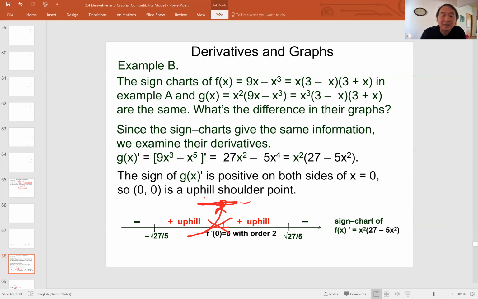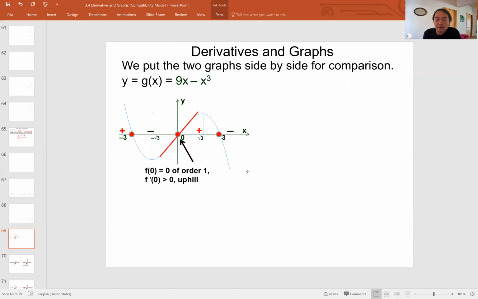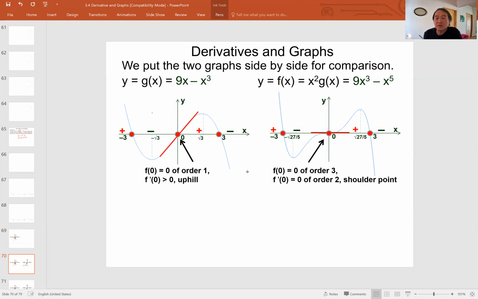What the curve must do is come in, go uphill, flatten out, and continue on. So that's a difference between the two curves when I multiply g of x by x squared. It created shoulder points, if you like: uphill, flat, uphill again.